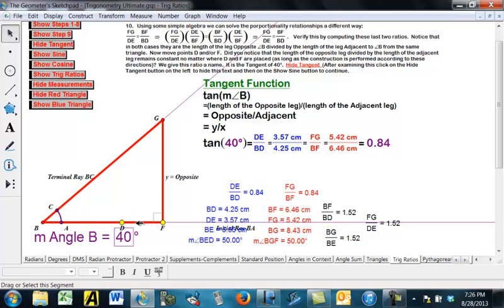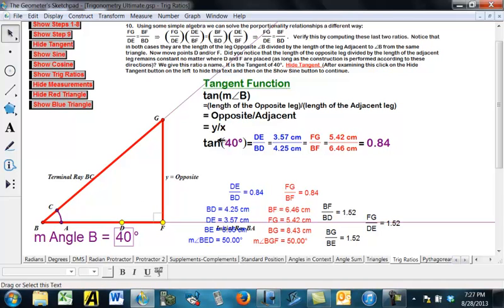If so, then we can label that horizontal one as x. We often label horizontal distances as x, and remember from your algebra classes, we can label the vertical distance as y. So again, we often label vertical lengths as y, and so we're dividing y by x.